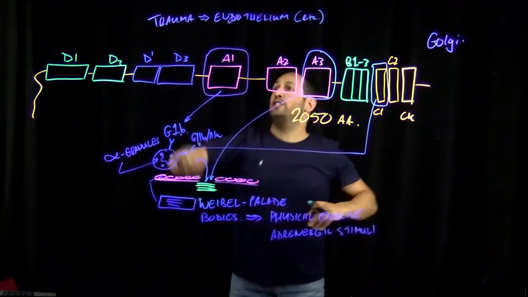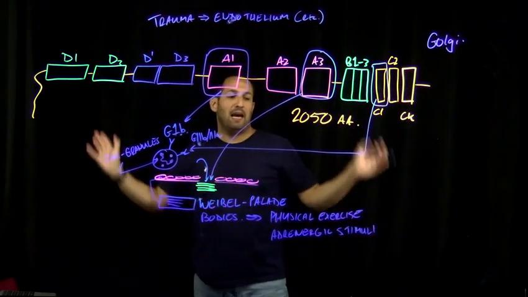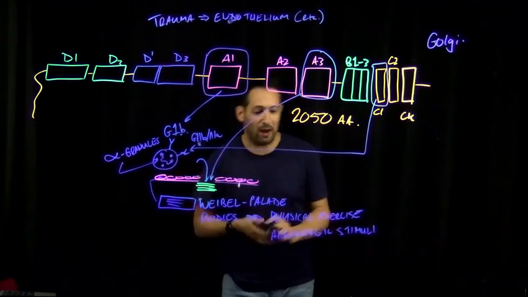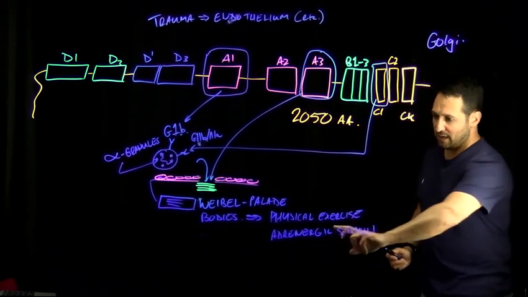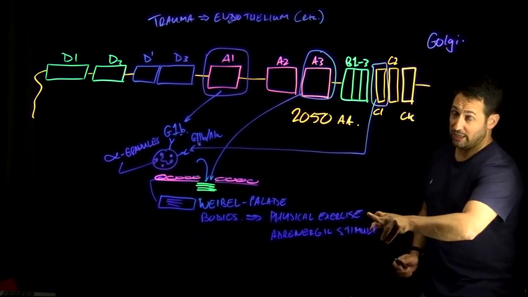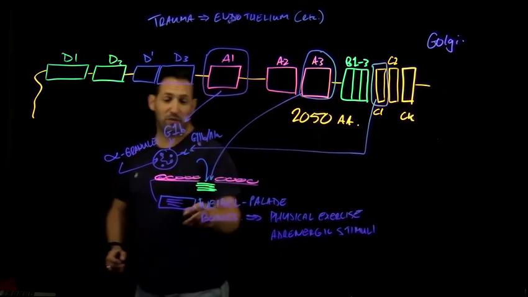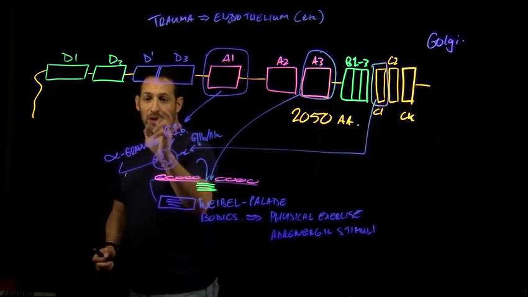So it's constitutively expressed from the endothelium, and that happens when there's trauma or anything like that. However, adrenergic stimulation, and I suppose you could say that also goes hand in hand with physical exercise, is going to get the von Willebrand factor released from the Weibel-Palade bodies as well.